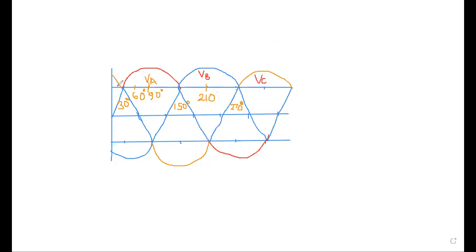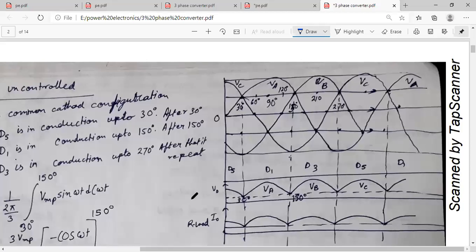And again, this one is VC. And again, this one is VA. This way it will repeat. Clear? The diagram is like that.